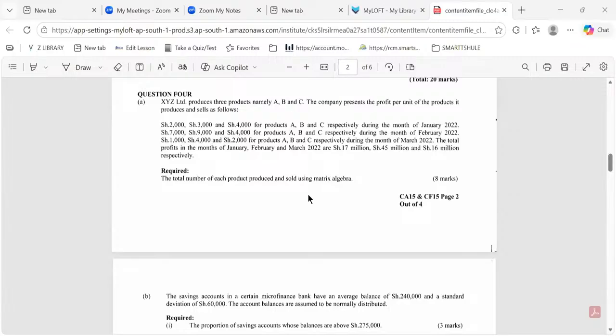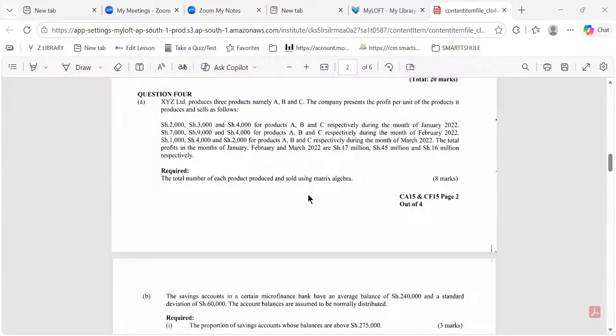XYZ Limited produces 3 products, namely A, B, C. The company presents the profit per unit of the product it produces and sells as follows. We have shillings 2,000, 3,000, and 4,000 for products A, B, C respectively during the month of January 2022. Then we have 7,000, 9,000, 4,000 for A, B, C respectively for the month of February.